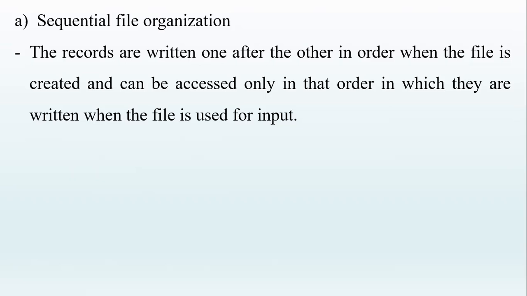In other words, the records within sequential files are written one after the other in their order when the file is created, and they are accessed in the same order.